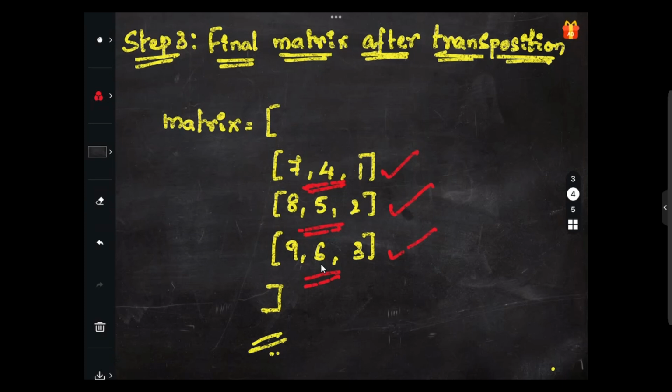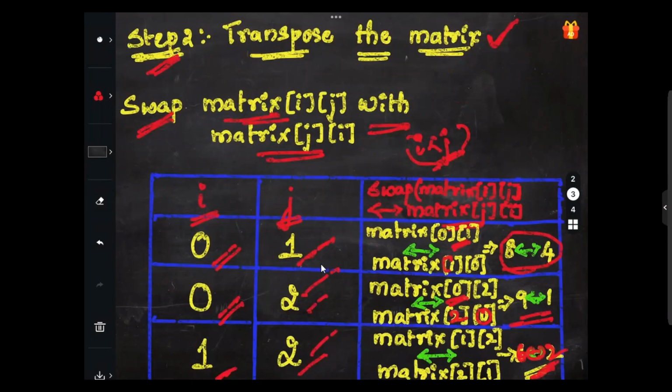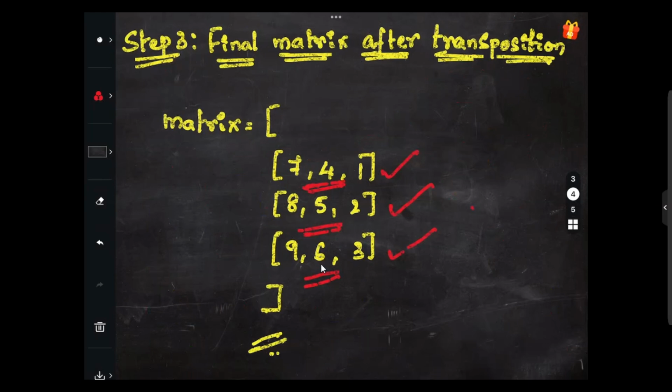So this is the same output that they have given in the question for the first example: 7 4 1, 8 5 2 and 9 6 3. So this is the solution we got, and this works absolutely correct in this case, because the output that we got and the output they have given for the question one is same.